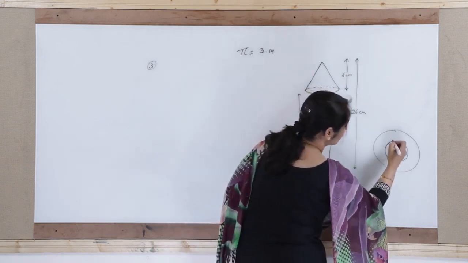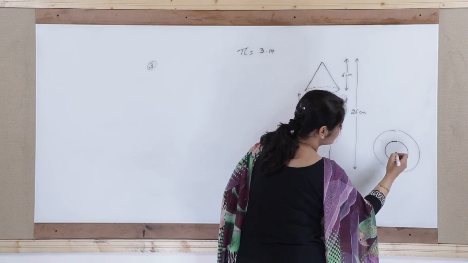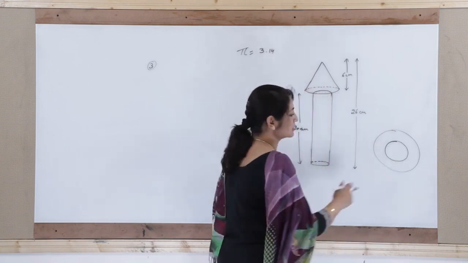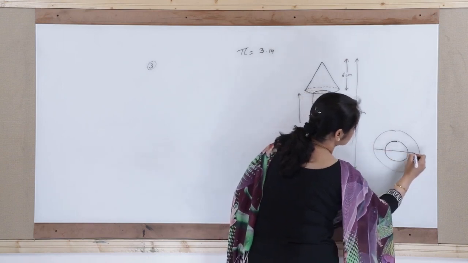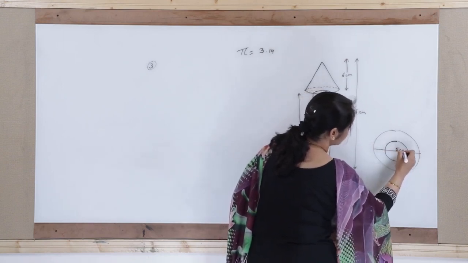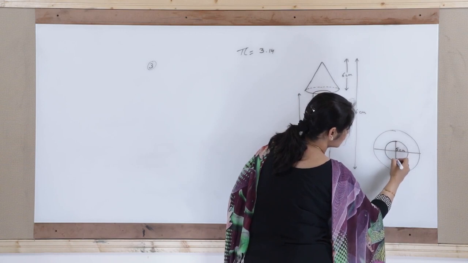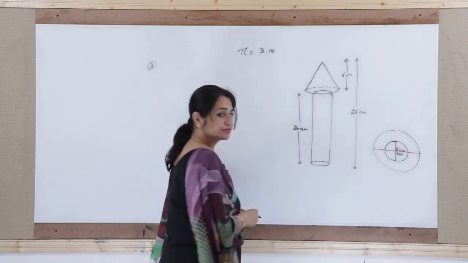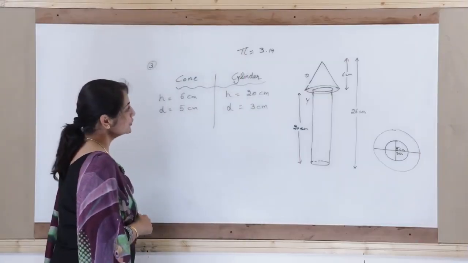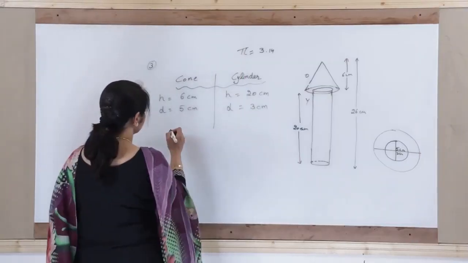So for the area of the circular strip, we will need the radius of both the circles. Now the diameter of this bigger circle is given as 5 centimeters and the diameter of this smaller circle is given as 3 centimeters. So we can easily calculate the area of the strip. So let's start with the orange part.